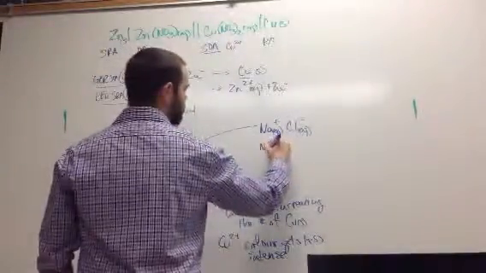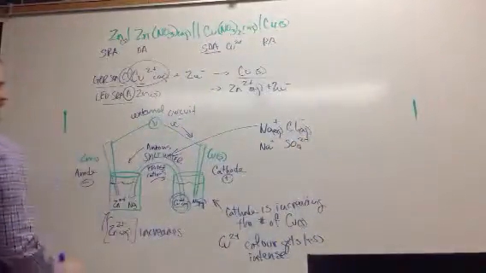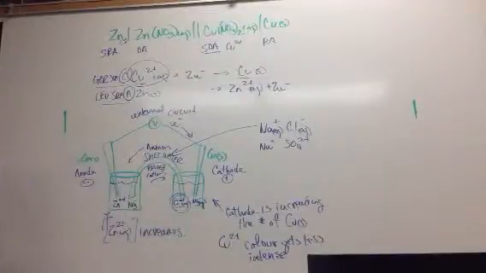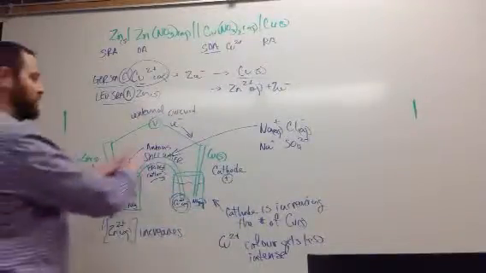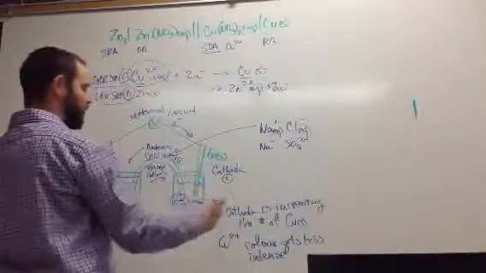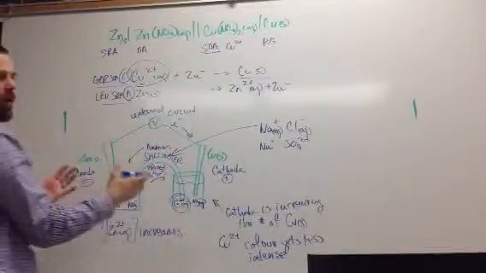If it was sodium sulfate, the sodium cations will go to the cathode, and the sulfate ions travel towards the anode. What that does is it allows for the electrons to go to one side without this side having much more charge than this side, or opposite charge.